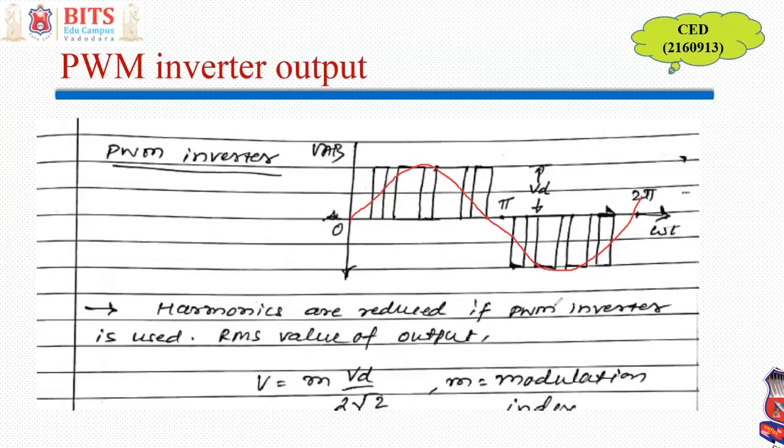M is called the modulation index, and this is the most important or new item which we are coming across. So we can change the value of the modulation index to get variable voltage, and frequency we can change by the firing pulse sequence, right? So this is how modulation index M is helping us.